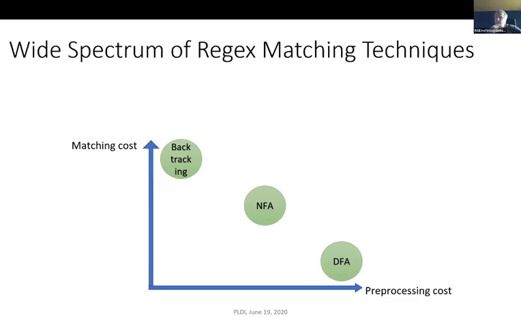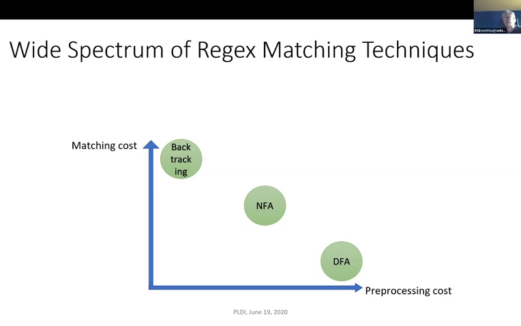In general, there is a wide spectrum of regex matching techniques. Essentially, there is a trade-off between pre-processing cost and matching cost. If you want to be really cheap in pre-processing, you just use the abstract syntax tree and do backtracking-based matching, using the regex AST as is.